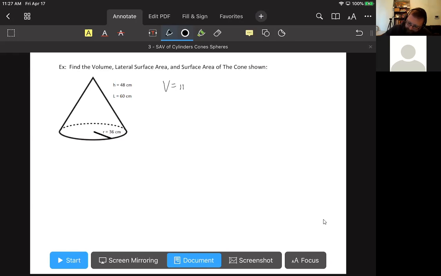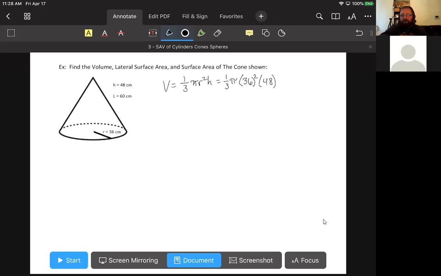Again, the volume is 1/3 pi r squared h. We do the same thing we did for the cylinder. We leave the pi symbol in there for now and ignore it. So the radius is 36, and we're squaring that, and the height is 48.